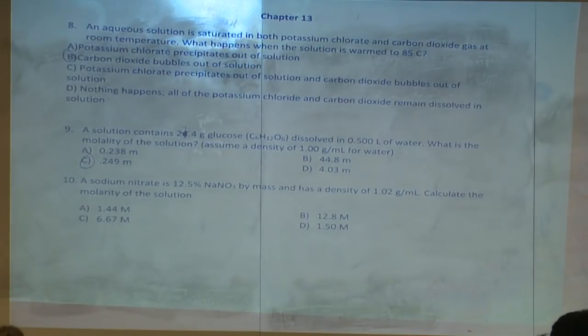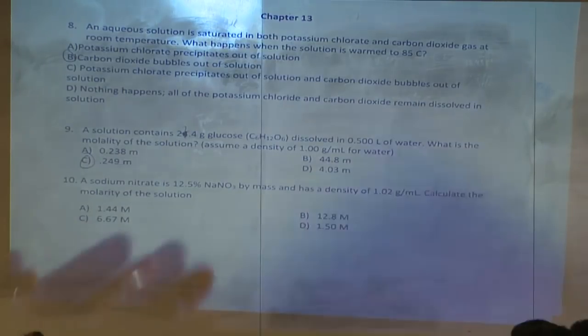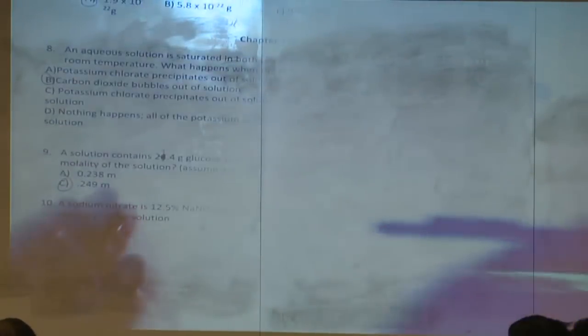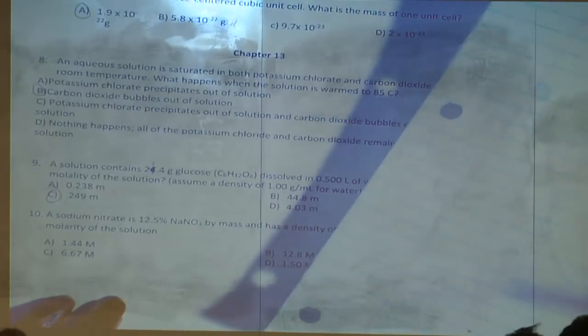It's 22.4 grams, I made a typo. All right. So I said sodium nitrate is 12.5% by mass. We're looking for molarity.